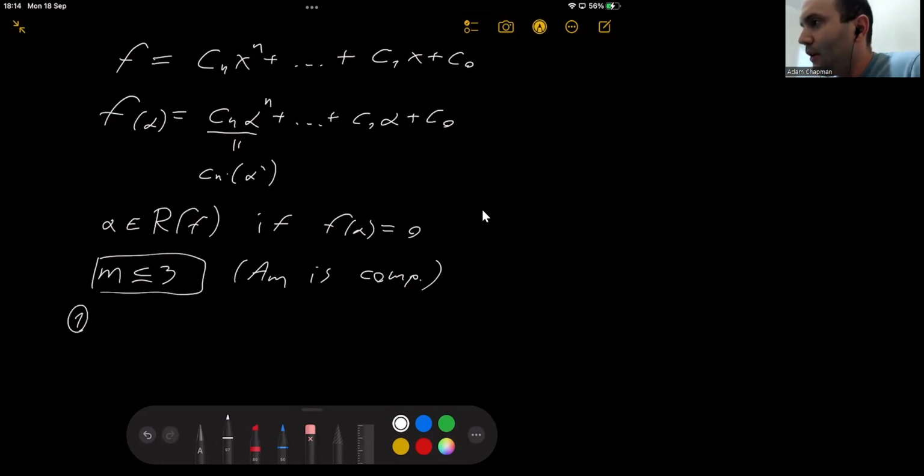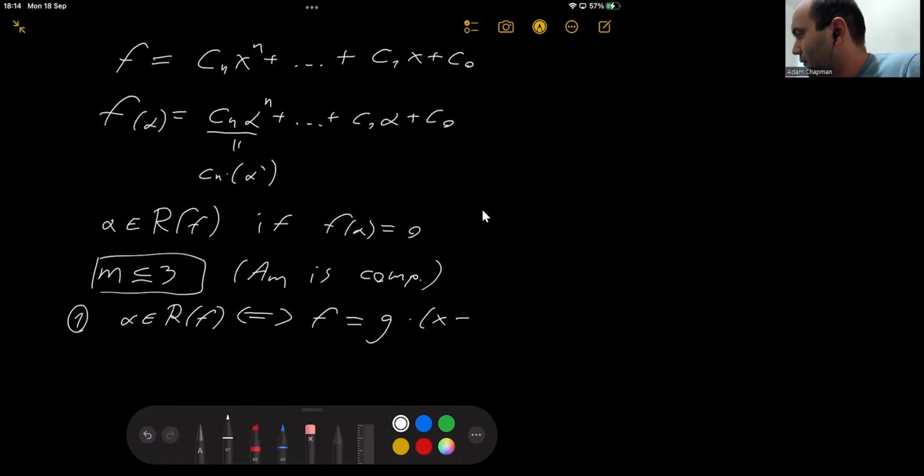One thing we know is that alpha is a root of f if and only if you can factor out from f a linear factor of the form x minus alpha. So that's already a good reason to study roots. If you have a ring that you believe is interesting and you want to decompose elements into irreducible components, then that's the way to do it.